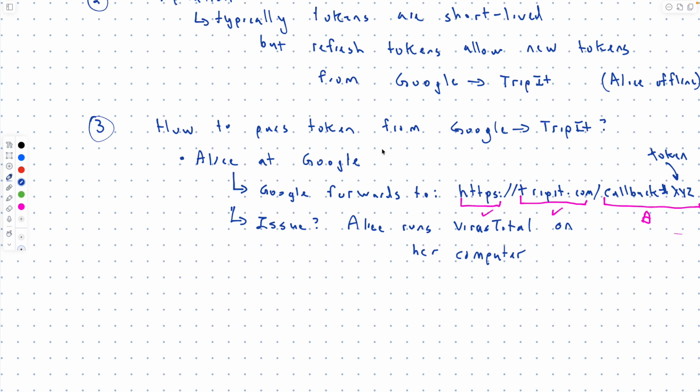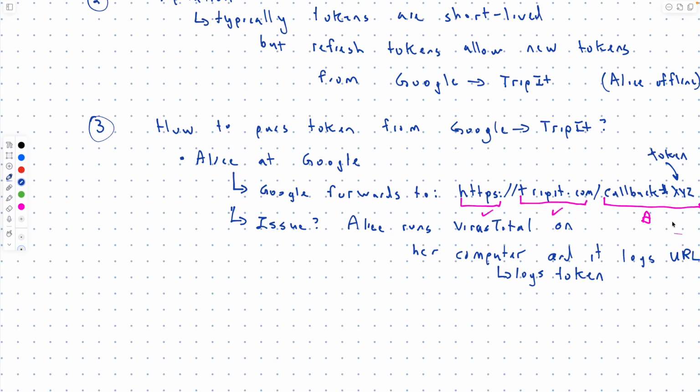So now it's been decrypted. It's on her computer. So Alice runs VirusTotal on her computer, and it logs the URL. Then it basically logs the token. And if it's a refresh token, then that token's good forever, basically.